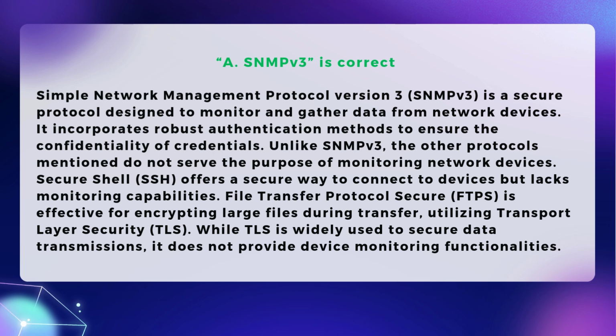Secure Shell, SSH, offers a secure way to connect to devices but lacks monitoring capabilities. File Transfer Protocol Secure, FTPS, is effective for encrypting large files during transfer, utilizing Transport Layer Security, TLS. While TLS is widely used to secure data transmissions, it does not provide device monitoring functionalities.